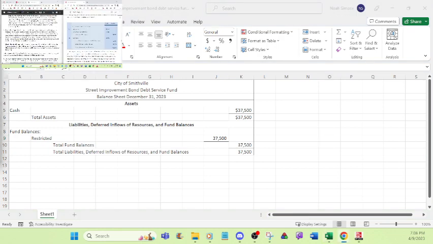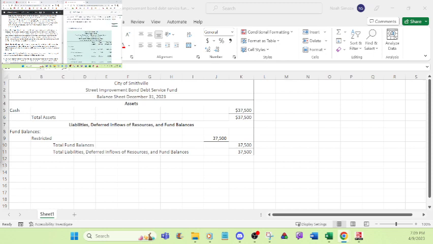They should have the example somewhere in here. Where's the operating balance sheet? Do they not have a balance sheet? They said they did. Illustration 6.8. Where's 6.8, dude?